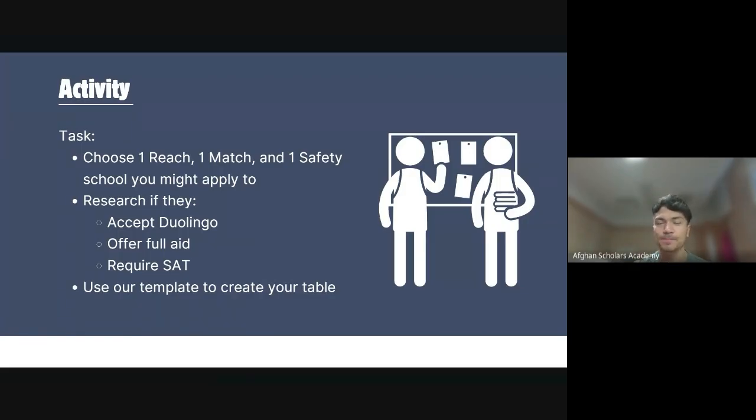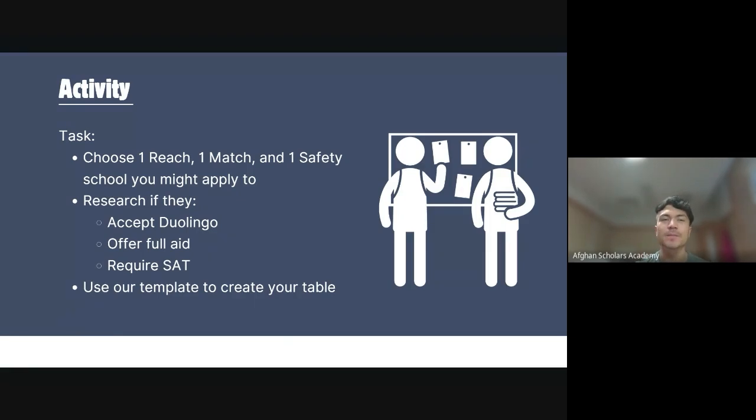Now I have a task for you. You choose one reach, one match, and one safety school that you might apply to.